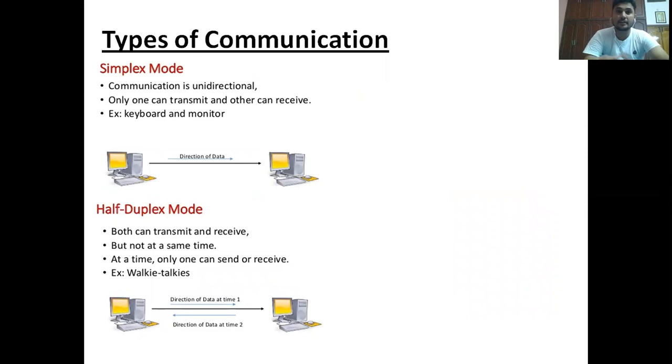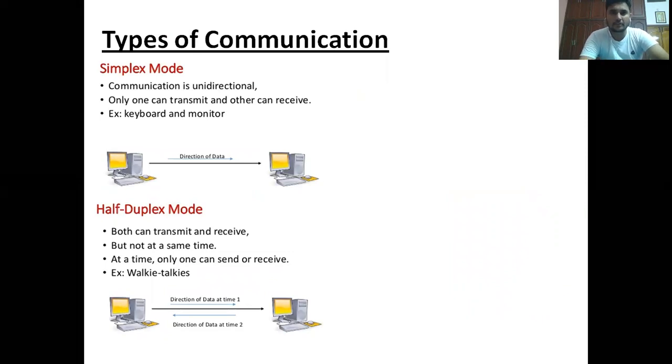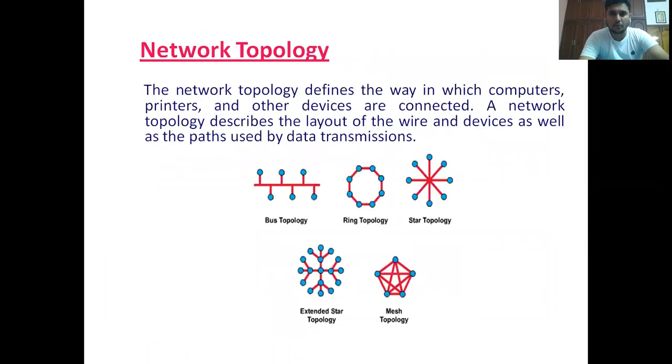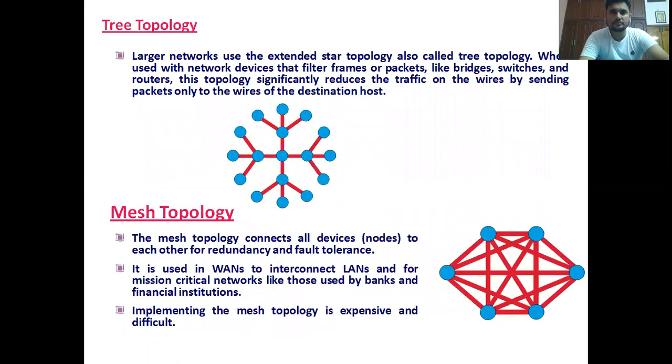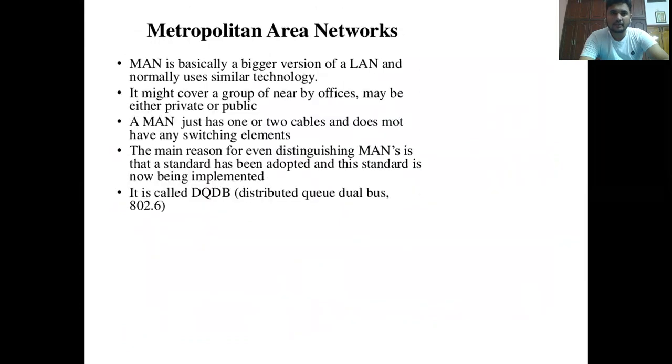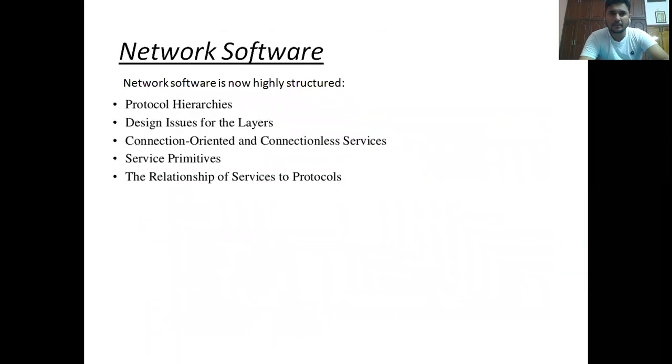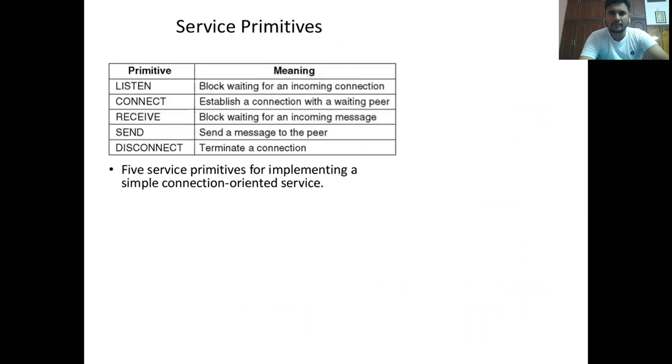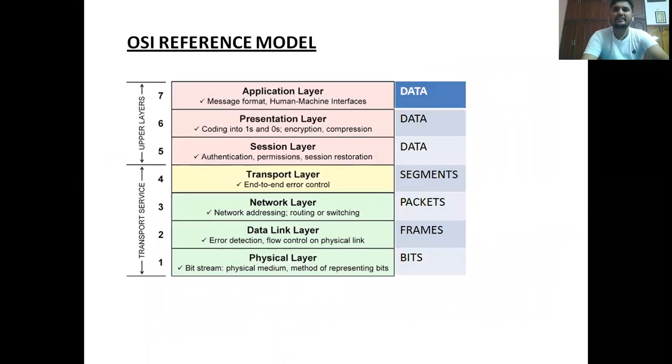What are the different data communication modes: simplex, half duplex, and full duplex. Network topologies, LAN, MAN, WAN, network connections, and finally OSI and TCP/IP. There are just 5 questions in this unit number 1.